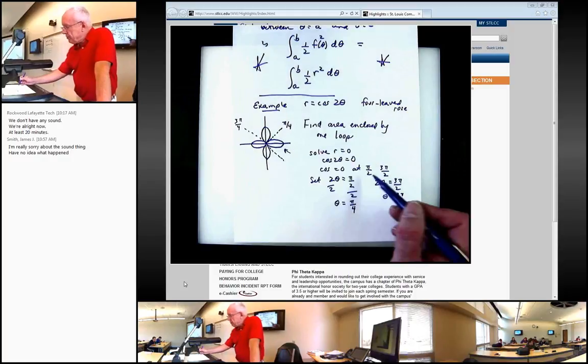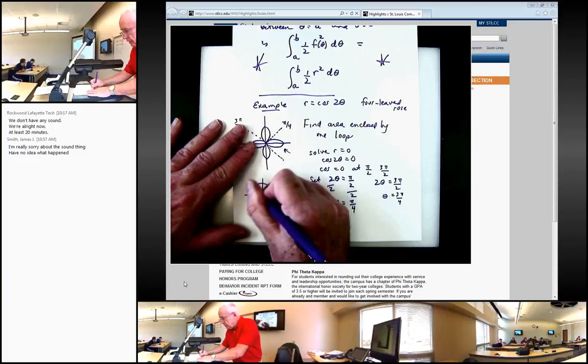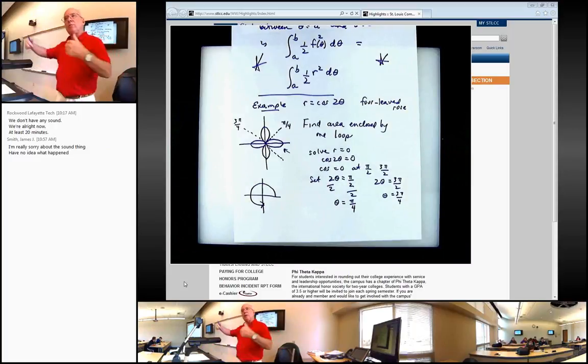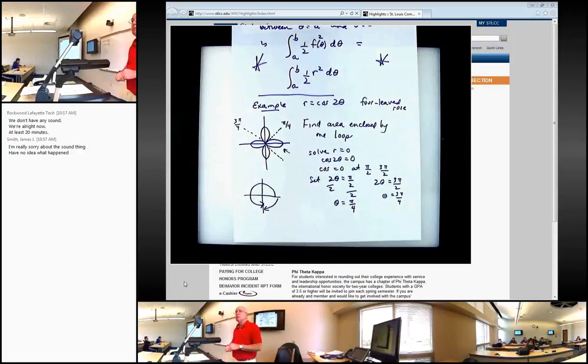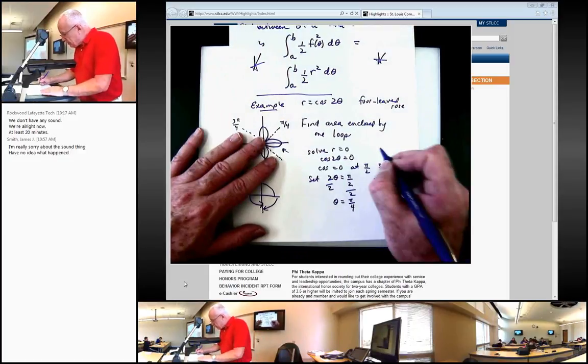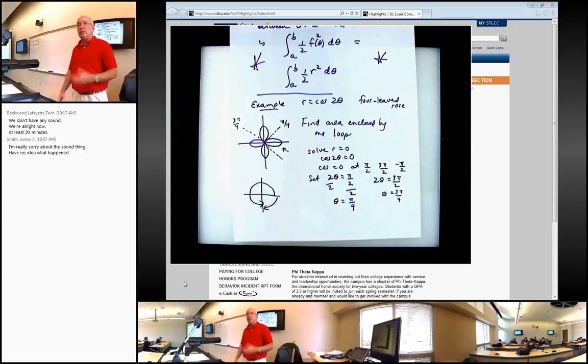But what's another way to represent 3 pi over 2 with a negative angle? Well, 3 pi over 2 is going like this, right? If I want to represent it going negatively, it would be negative 90 degrees, negative pi over 2. So negative pi over 2 is another place where cosine is equal to 0.